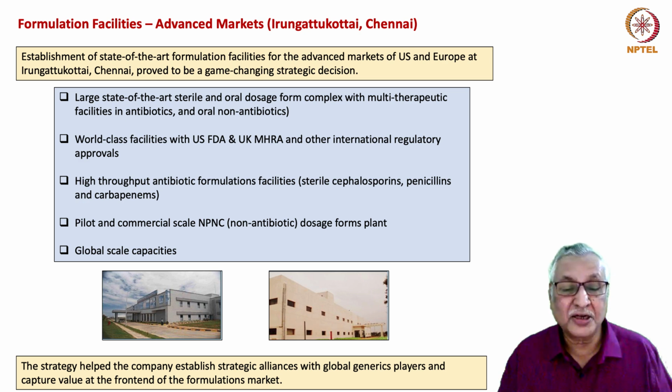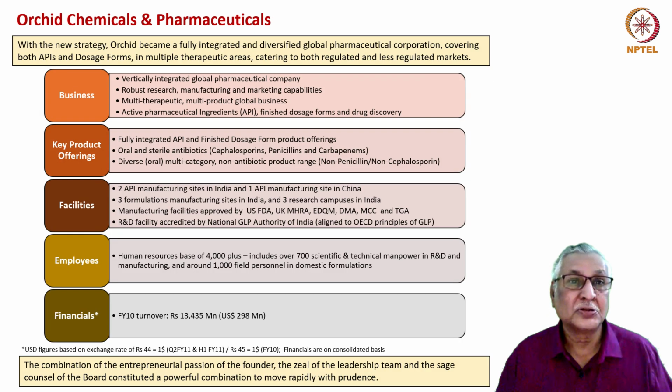This strategy helped the company establish strategic alliances with global generic players and capture value at the front end of the formulations market. As a result, Orchid Chemicals and Pharmaceuticals became a wholly integrated and diversified pharmaceutical corporation.